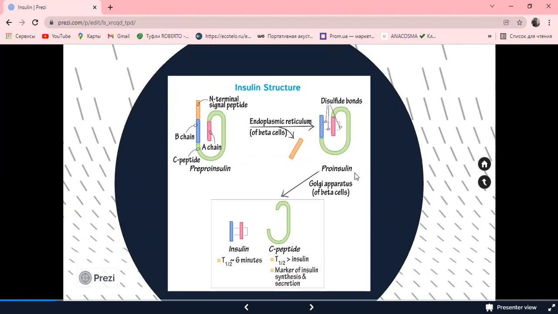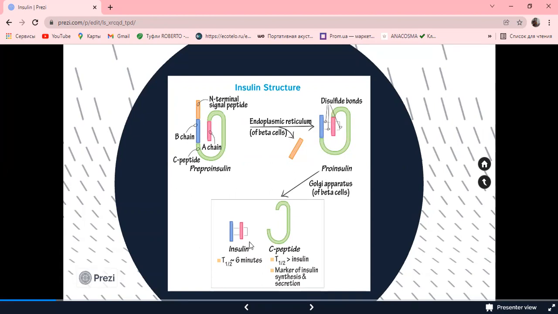This is proinsulin. Proinsulin is transformed into insulin by removal of C-peptide. After removal of C-peptide, we can see the structure of this peptide hormone, insulin.